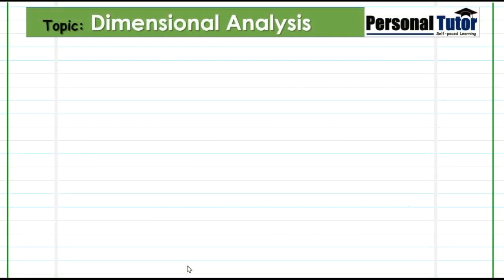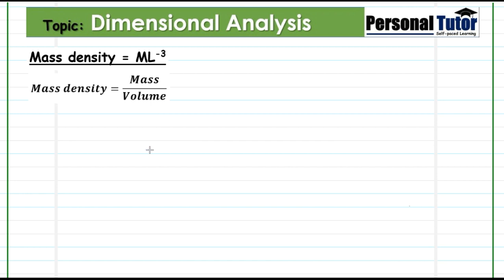Great. So now let's start at mass density, whose dimensional equation is written as ML exponent negative 3. How was this gotten? From its expression.